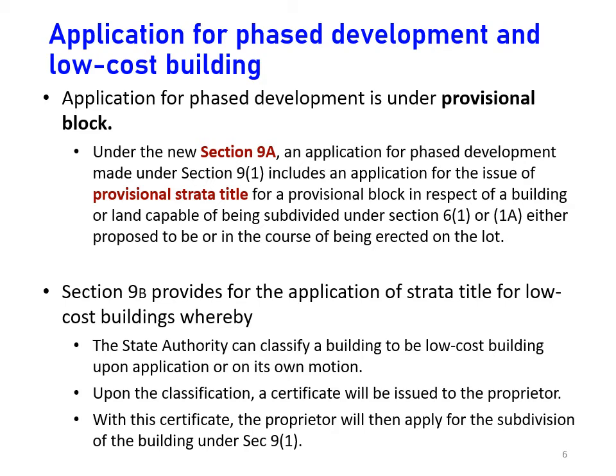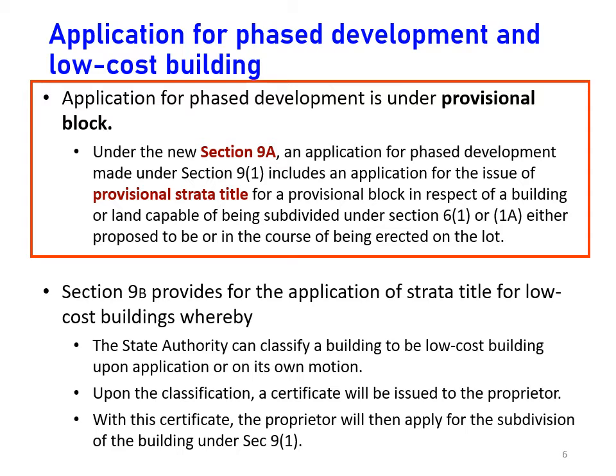Under section 9A, application for phase development under section 9 sub 1 includes application for issue of provisional strata title. So, provisional block means a block that has not been erected yet, but you can apply for it because it's a phase development. There are many phases, 1, 2, 3, 4, 5. If you start with phase 1 first, you can apply for the strata title for the provisional block.